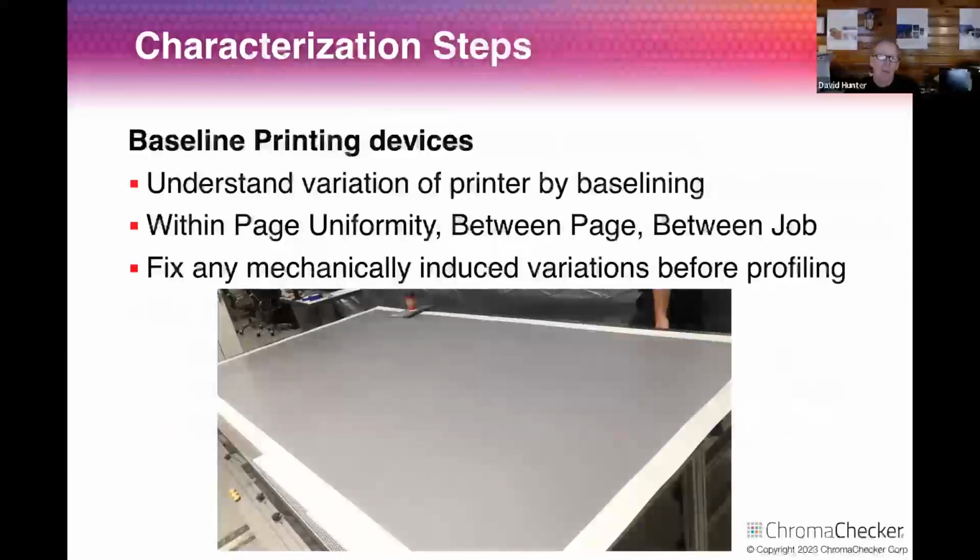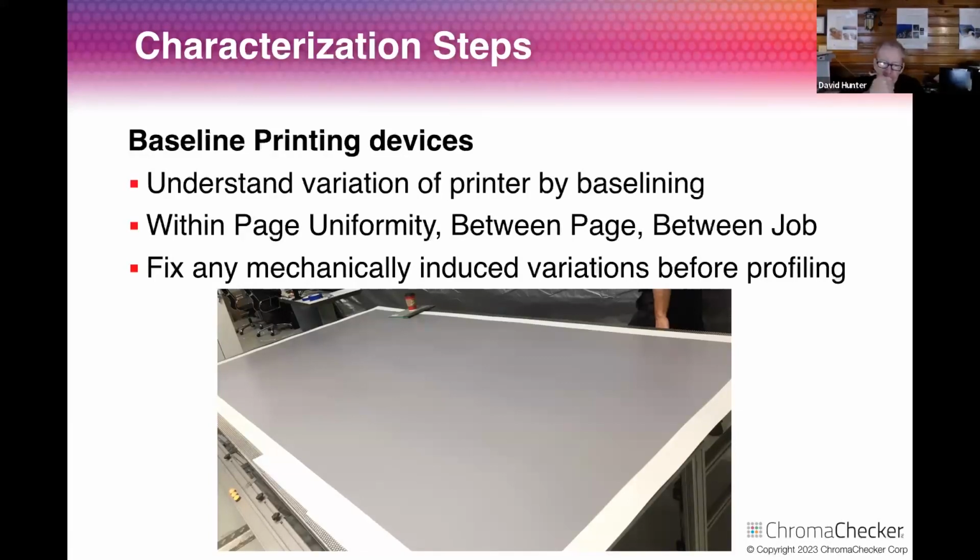Now, when we're talking about baselining printing devices, and if you weren't at last month's session, I'd encourage you to go back and listen to it, because we talked a lot about how to understand the variation of the printer, because you have multiple types of variation. You have within sheet variation, which is the difference within a single page.